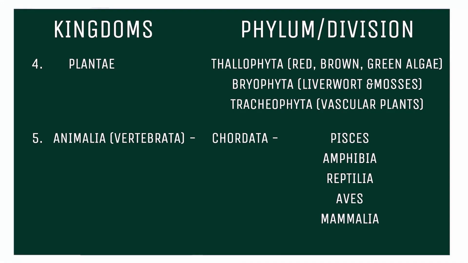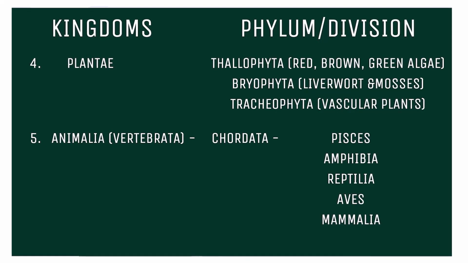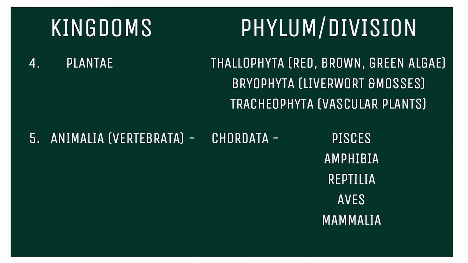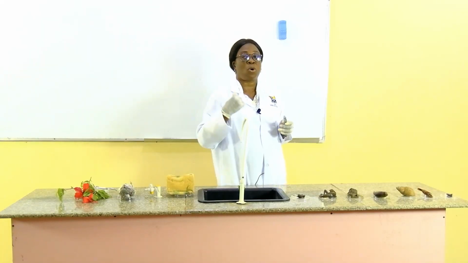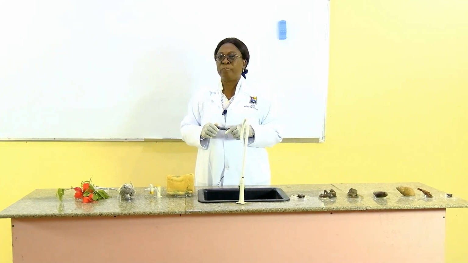The invertebrates are organisms that do not have the spinal cord, they do not have any backbone, any bone running from the skull down to the tail, while the vertebrates are those with backbones. So let's look at them. Animalia, we look at Vertebrata. Another name you can call Vertebrata is Chordata, which signifies the spinal cord that runs within the vertebral column.